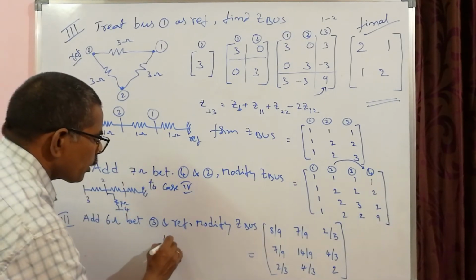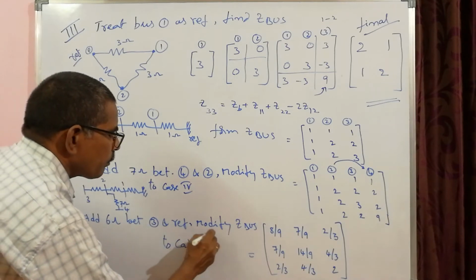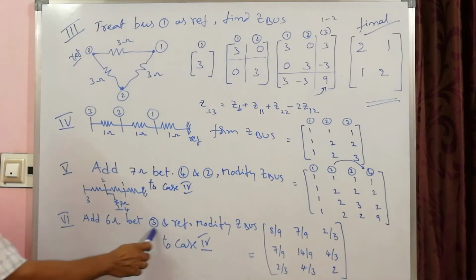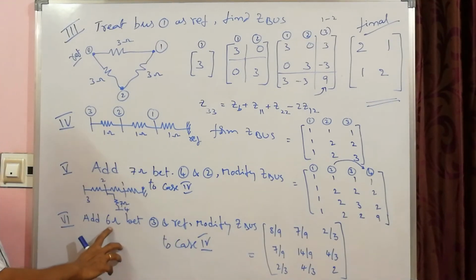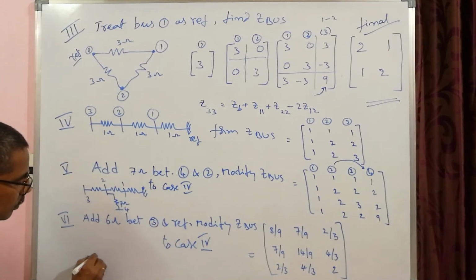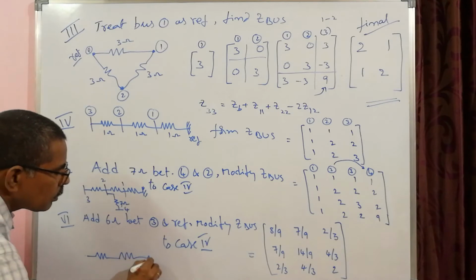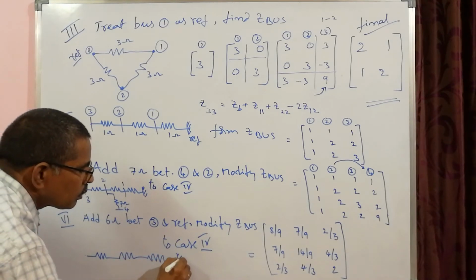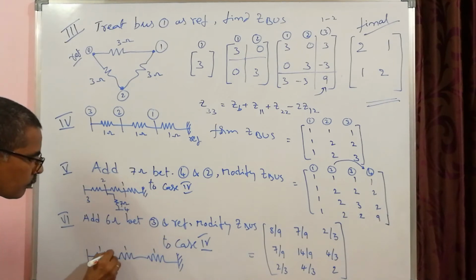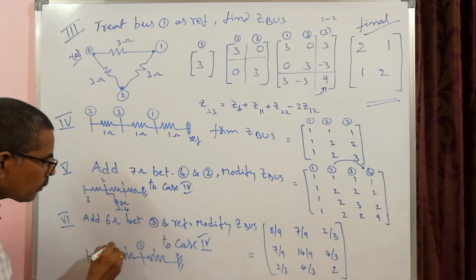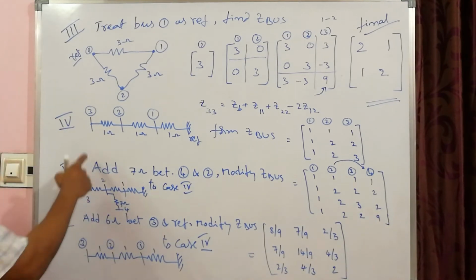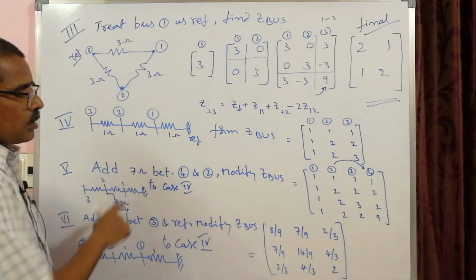So, this is also to case 4 only, and then modify. So, what is this modification? You are adding 6 ohms between 3 and reference. So, this is the system, fourth system.